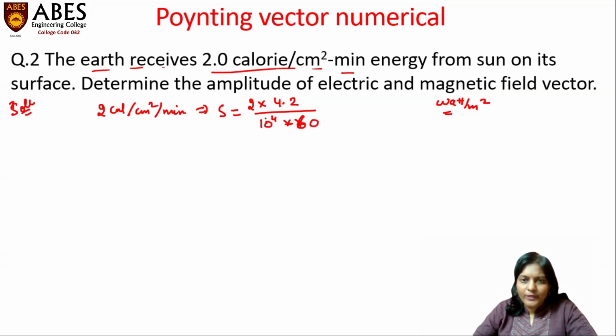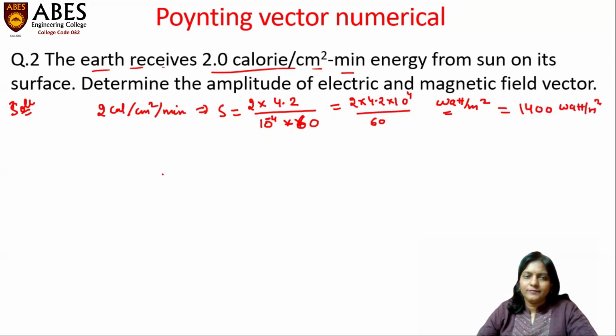So it will be 2 into 4.2 into 10 to the power 4 upon 60. After solving, it will be 1400 watt per meter square. And this is the Poynting vector S, 1400 watt per meter square.